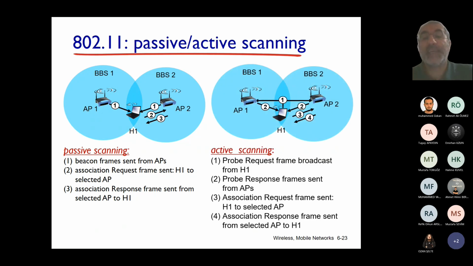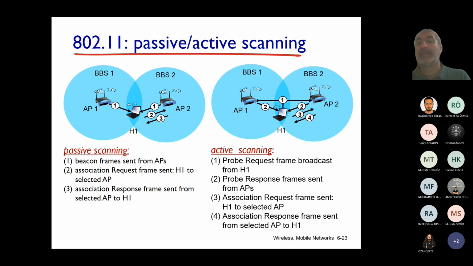Let's look at active scanning. In this case, the steps are as follows. In the first step, a probe request frame is broadcast from host 1. So now my laptop or my smartphone broadcasts the probe request.